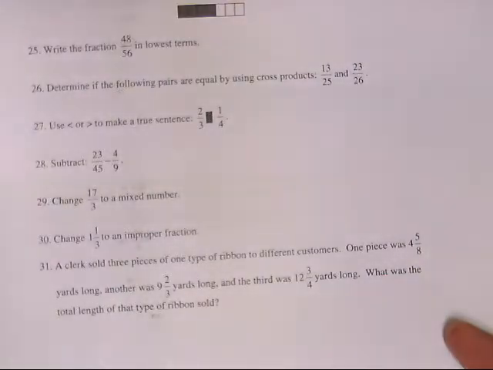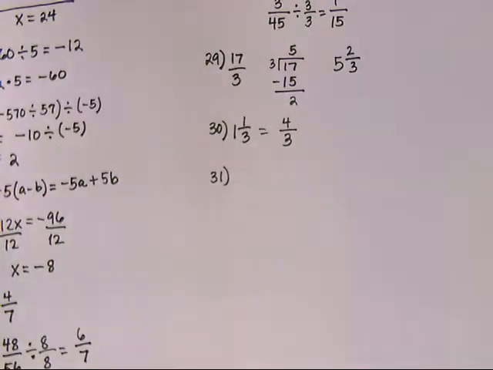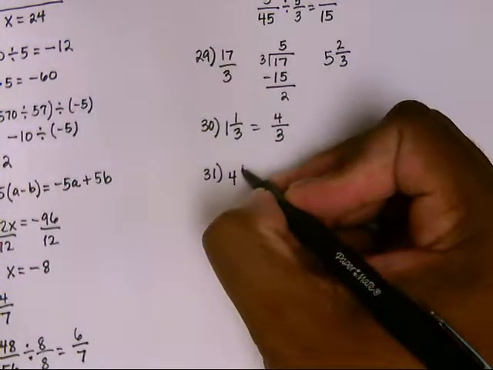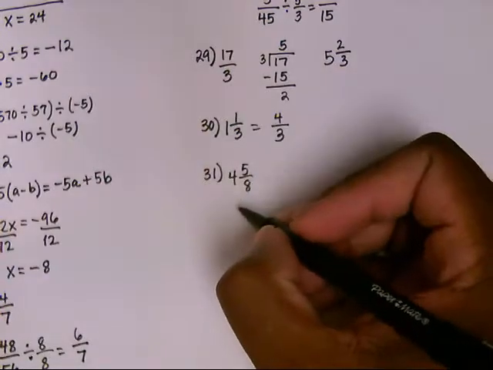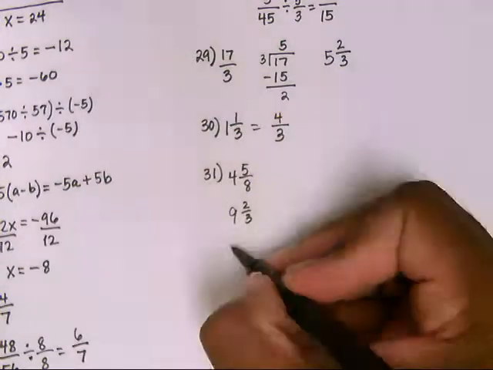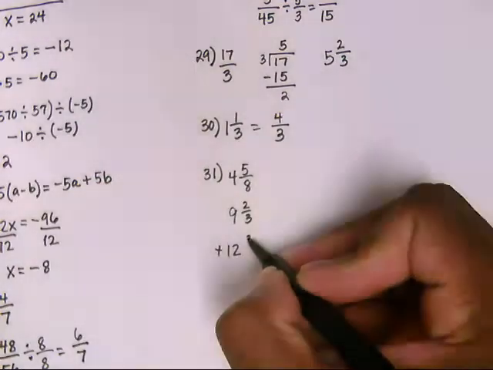What was the total length of that type of ribbon sold? The total length we're looking for, so we know we need to add those fractions together. So here we've got 4 5/8, 9 2/3 yards, plus 12 3/4.